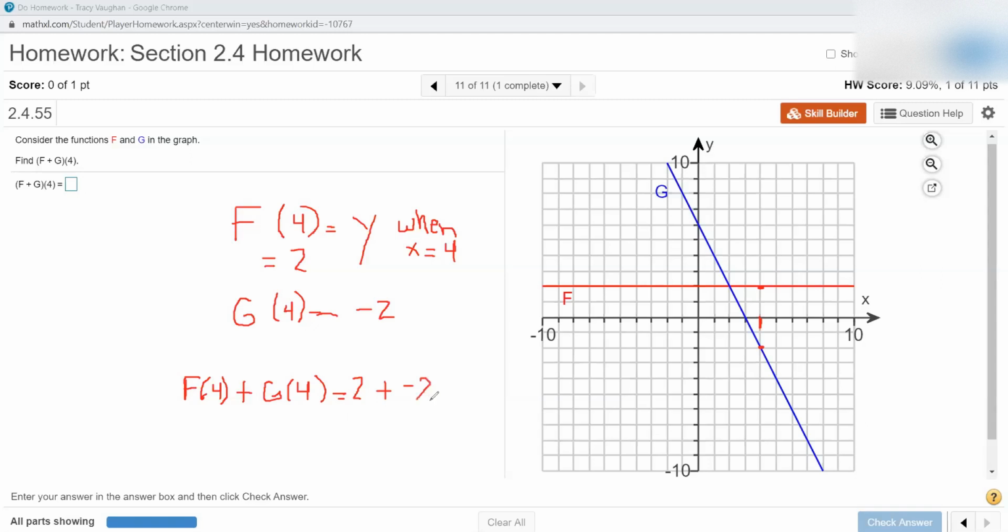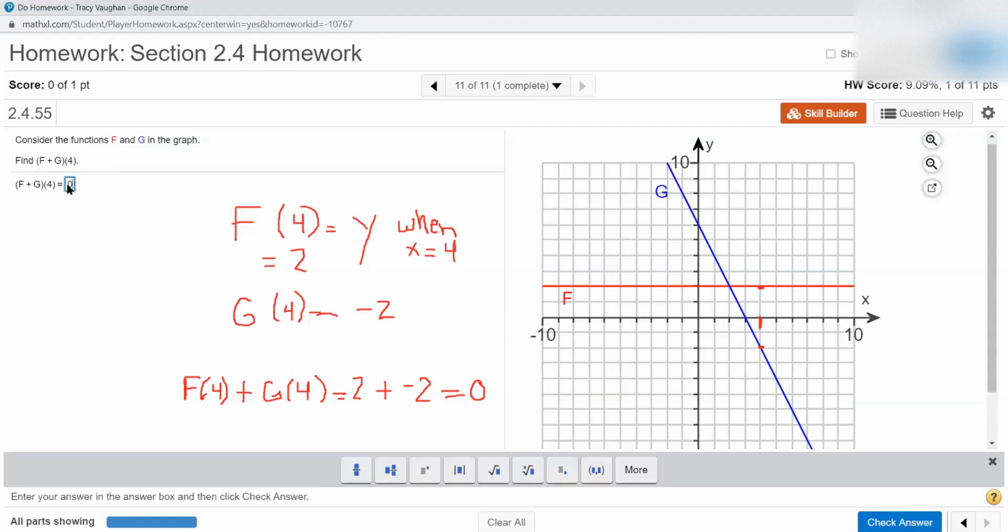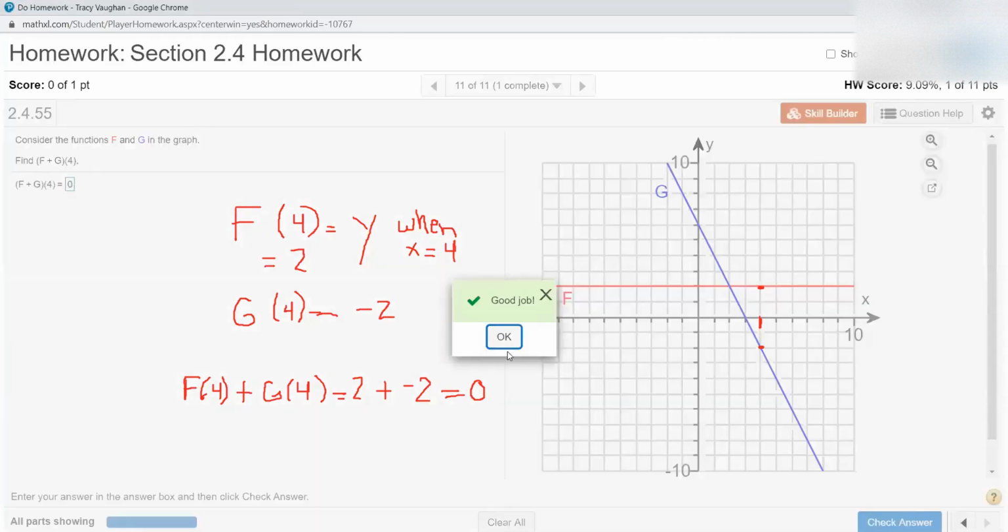Maybe I should always write on the screen because that for sure slows me down a bit, doesn't it? So if we get 2 plus -2, that's just going to be 0. And so our solution to that one, type in 0 and hit enter and get a job. Yay.